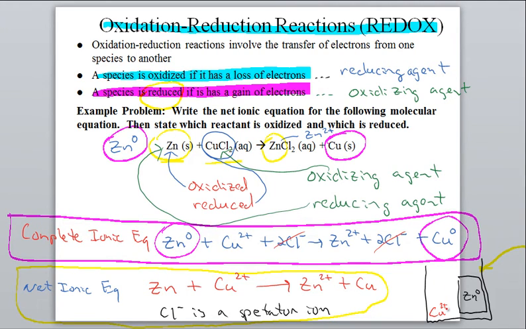The copper collides and forms elemental copper, Cu0. The elemental zinc loses 2 electrons, and it becomes zinc 2 plus, which becomes a solvated individual ion floating around in the solution.